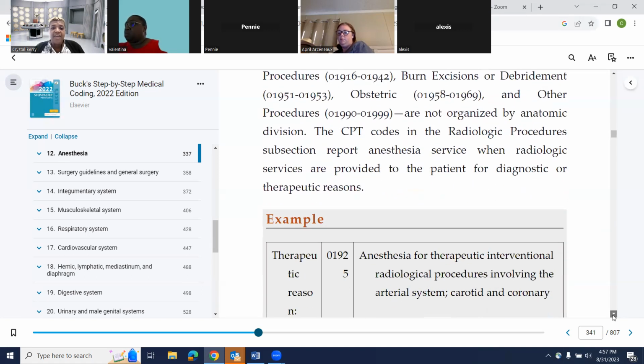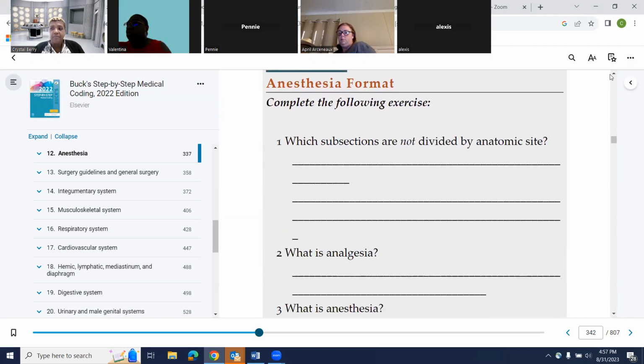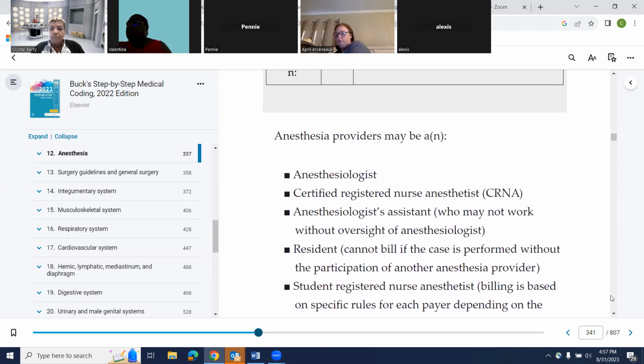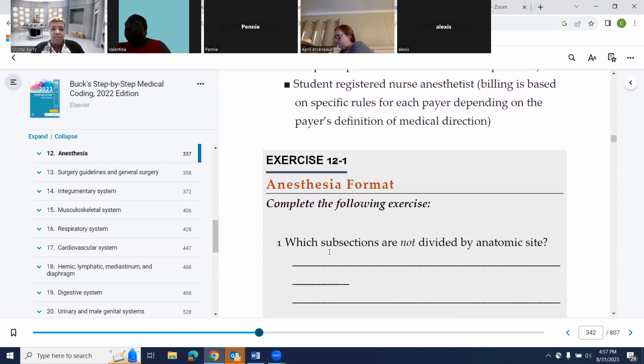So you already have that answer for your next exercise, 12.1, which subsections are not divided.